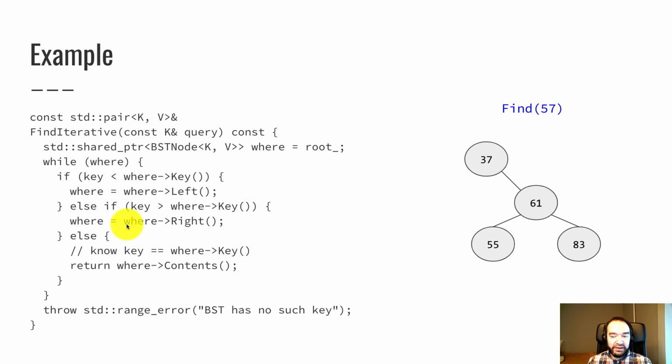Loop repeats again, and key is greater, so we're in the else if case, and we would go right. And 55 is a leaf node, so 55's right pointer is null, so where is reassigned to null, and then this loop stops, and we go down here and throw an exception, and that's the right thing to do because 57 is not in the tree.